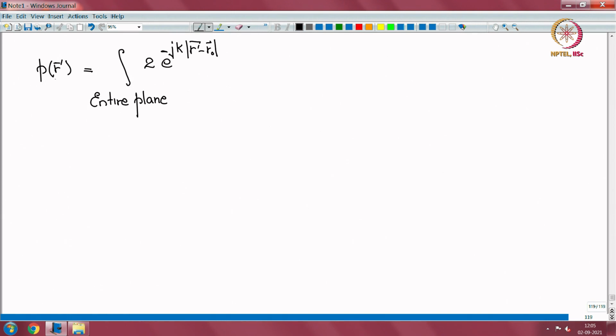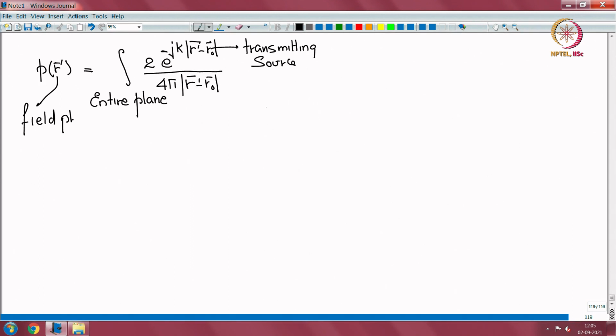This is the field point or the receiver point. This is the source point, divided by 4 pi magnitude of r bar dash minus r0 bar, into j omega rho velocity dot n ds.